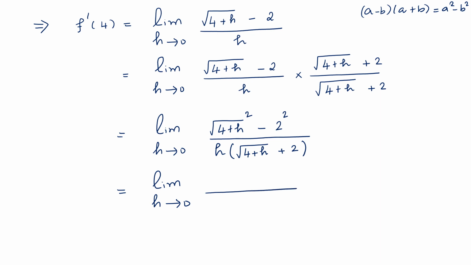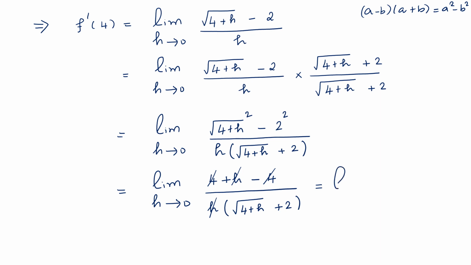In the numerator you have to see square root of 4 plus h, square. So we have 4 plus h minus 2 square, which is 4, over h multiplied by square root of 4 plus h plus 2. Here 4 minus 4 cancels. The numerator is only h, so this h and this h I can delete.